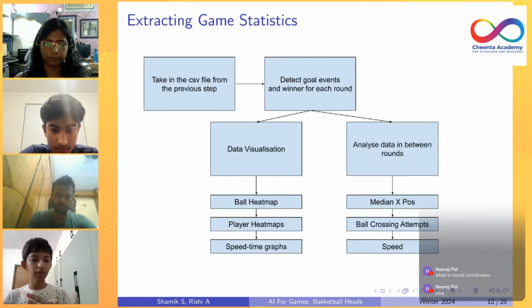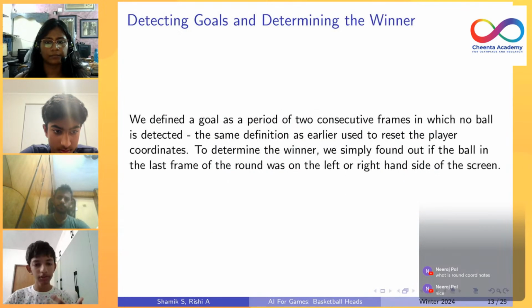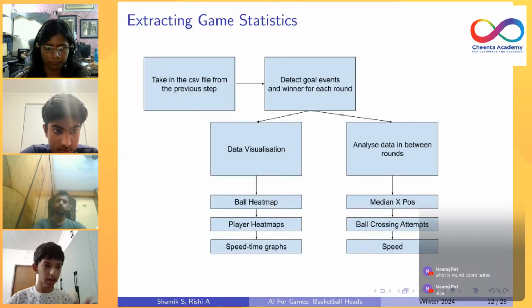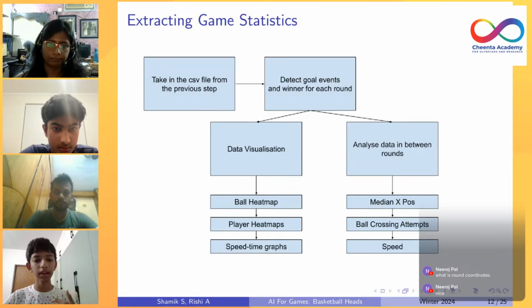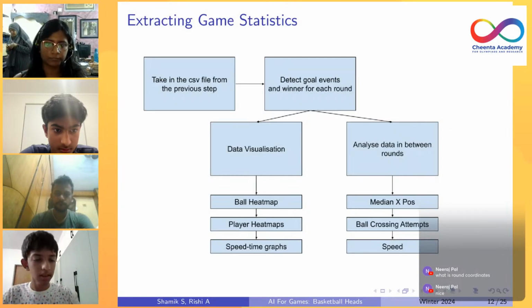And for each round, it would generate the ball heat map, player heat maps, and speed time graphs, which you will see in the next slides. And also calculate the median X position, the number of attempts, and the speed of the players.